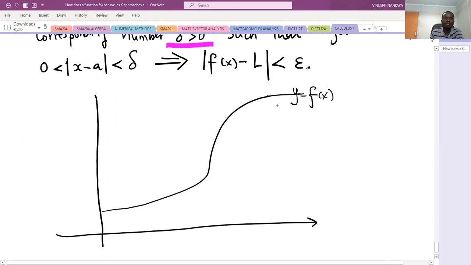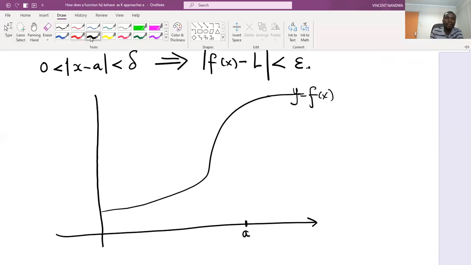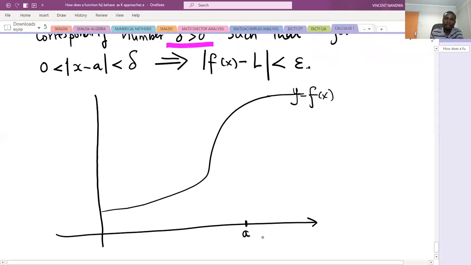If my point a is at this point here, then if I pick a small distance delta, this point will be a plus delta, and then the same to the left will be a minus delta at this point.